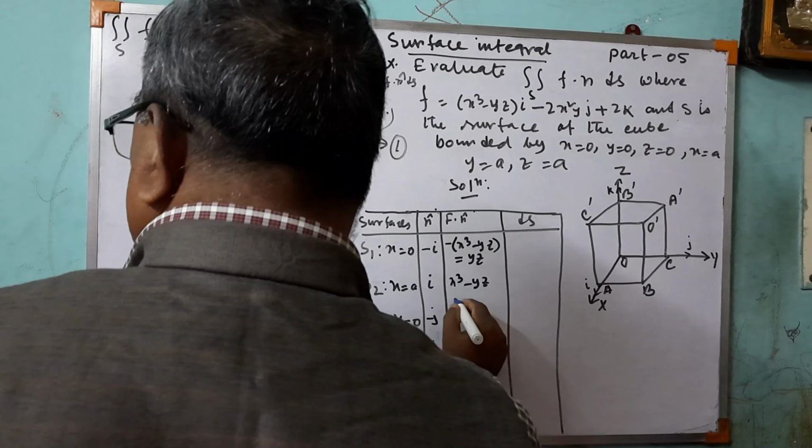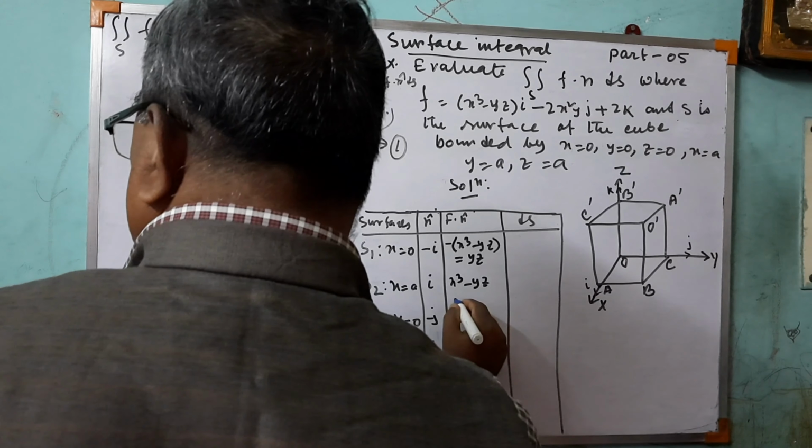Then j cap, minus j. So minus j dot this, that is minus 2x square y, and minus minus plus, so this dot this is my 2x square y. This becomes equal to 0 because y is 0.